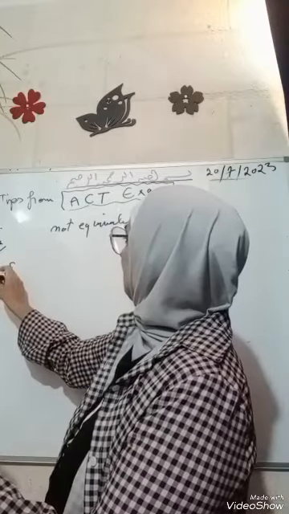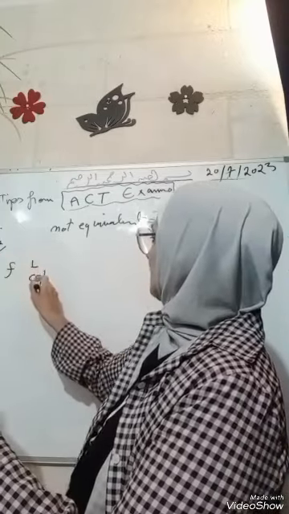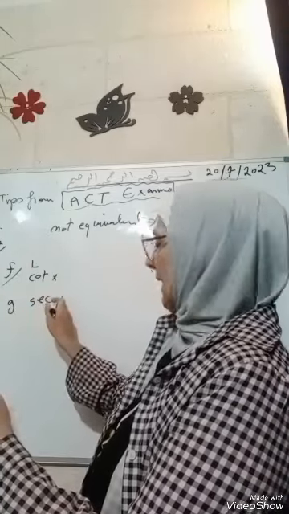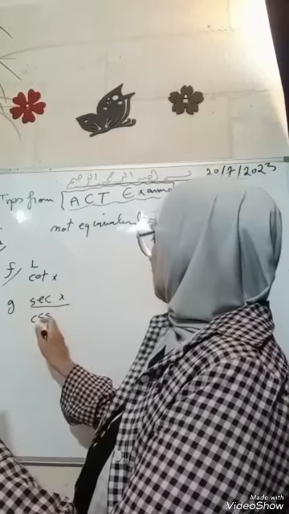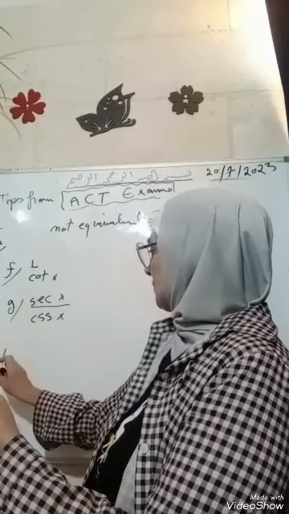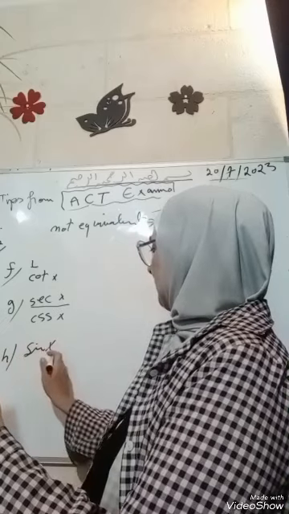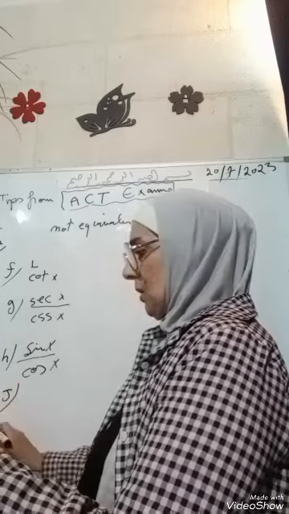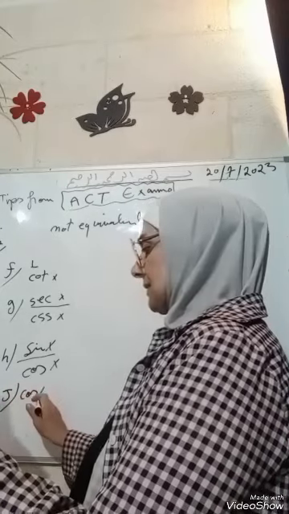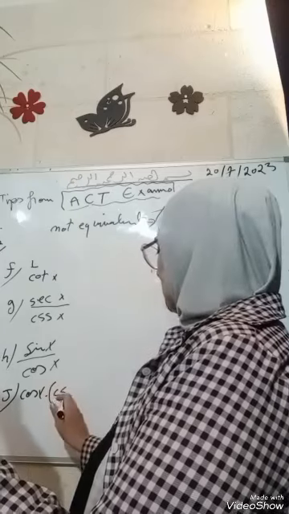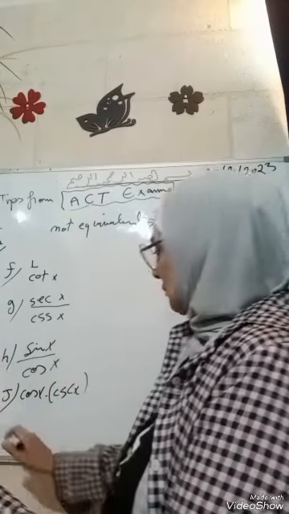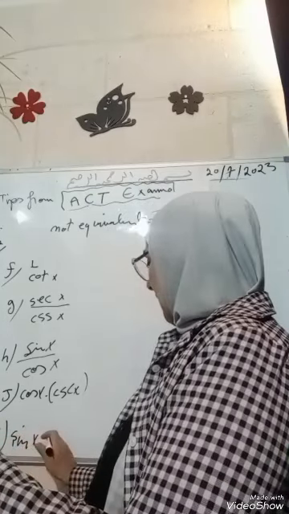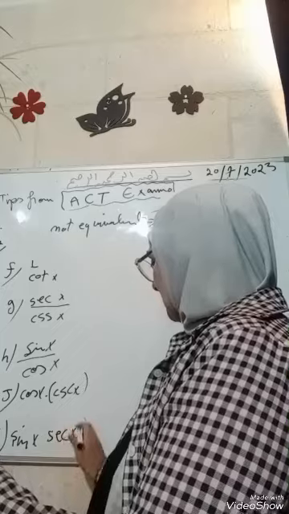F is 1 over cotangent x, G is secant x divided by cosecant x, H is sine x divided by cosine x, J is cosine x times cosecant x, and the last one, K, is sine x times secant x.